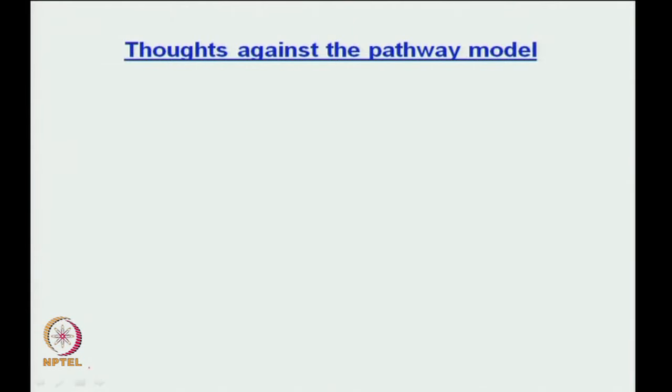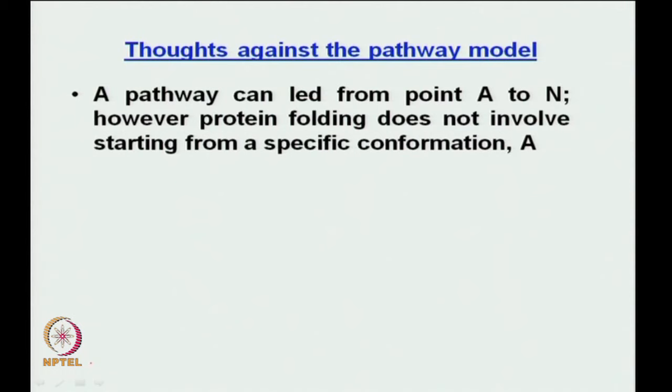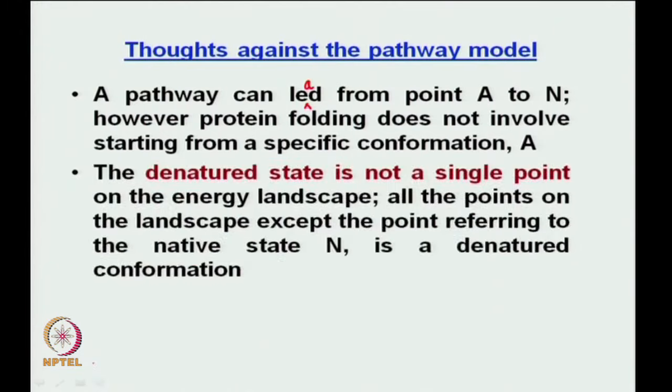Now, what are the thoughts against this? The thoughts are, our pathway can lead from point A to N. However, protein folding does not involve starting from a specific conformation A, it will be having a host of conformations, right. Again, the denatured state is not a single point on the energy landscape. All the points on the landscape except the point referring to the native state N is a denatured conformation.